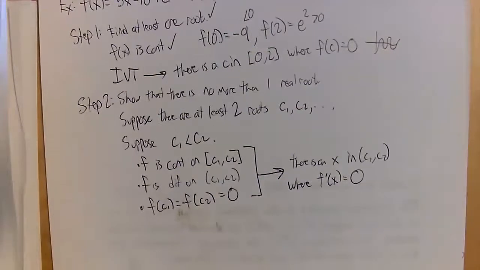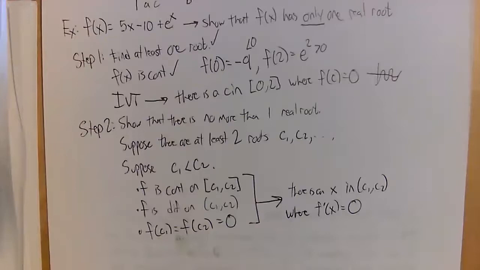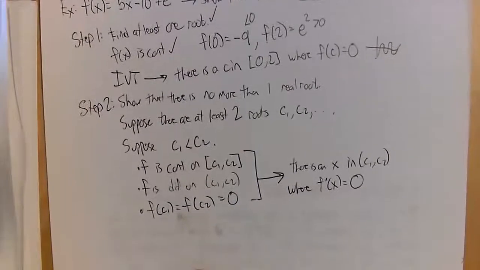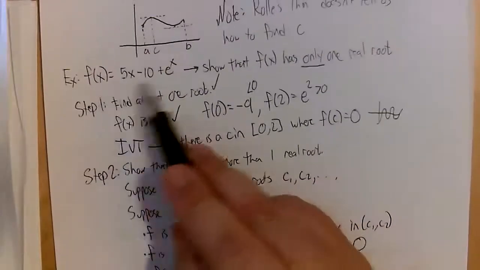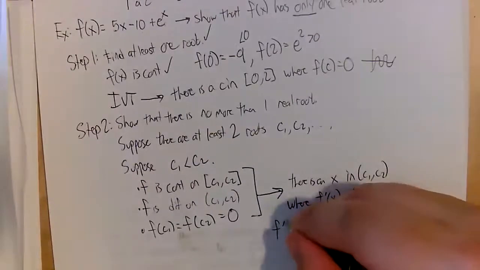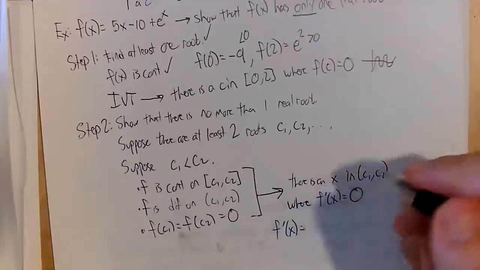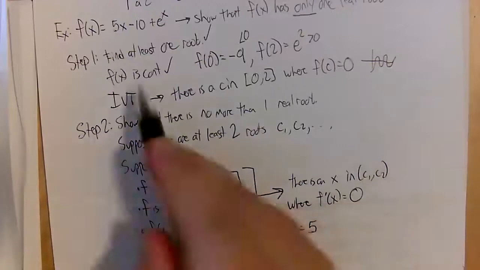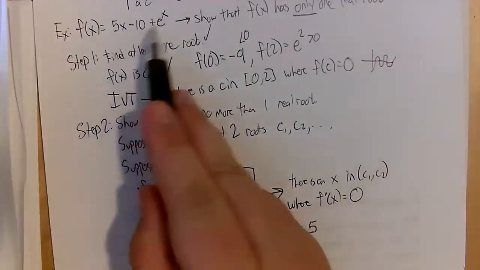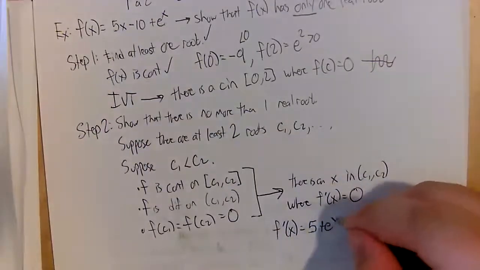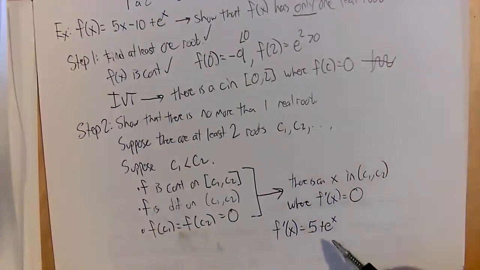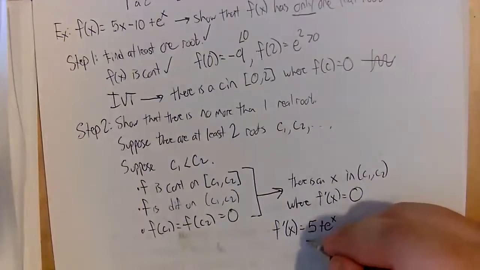Okay, well, that seems like a harmless statement. The derivative's going to be 0 in there, so what? Well, let's take a look at the derivative, because we know the formula for this. So f prime of x, let's see, we get 5 from this, 0 from this, and then e to the x. All right, now this is where something weird starts to happen. We know that 5 is, of course, a positive number.